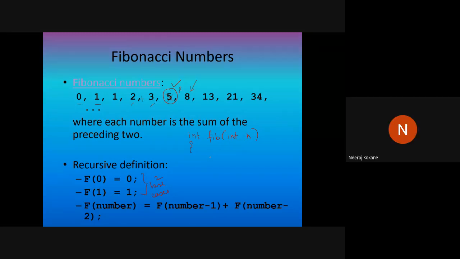Ma'am, first two conditions we have to put: if n equal 0, return 0, then if n equal 1, return 1, and then out of the loop else, return fib equal to... no, return only.